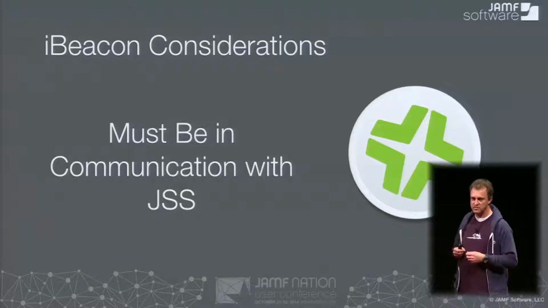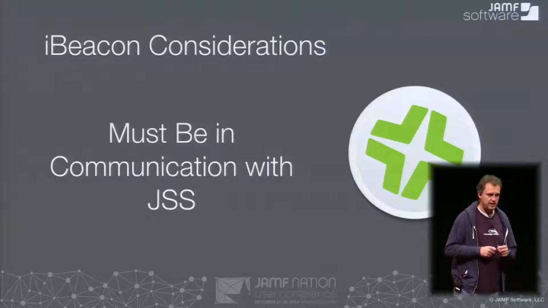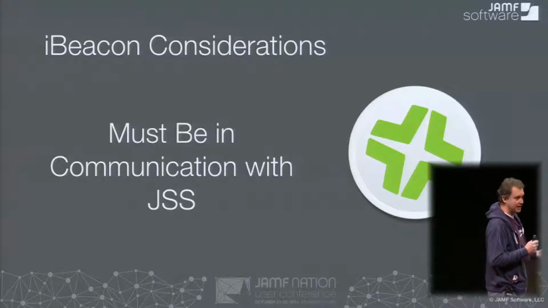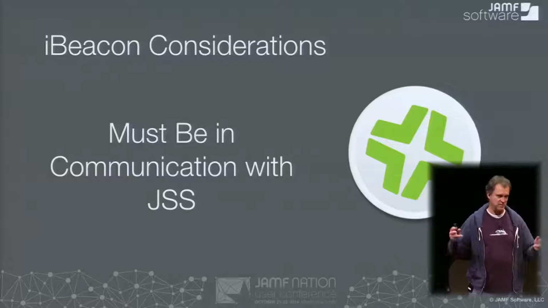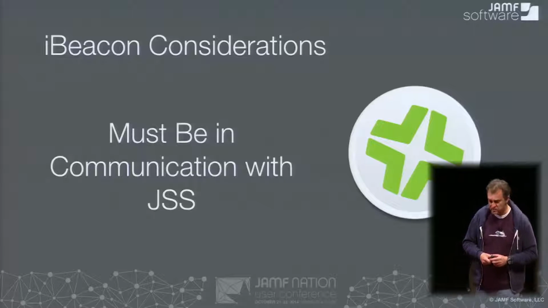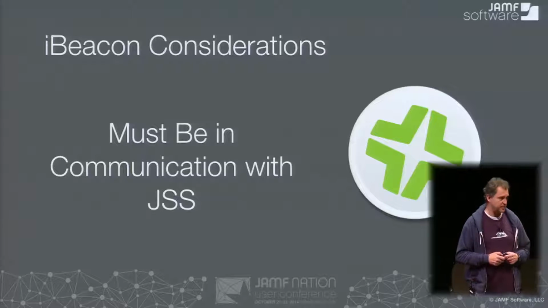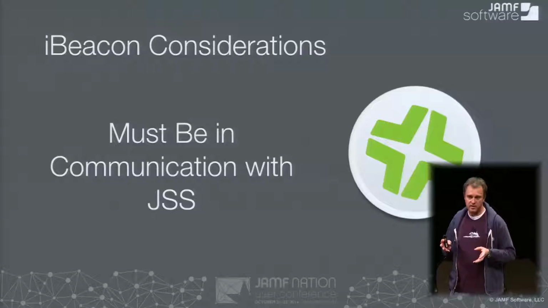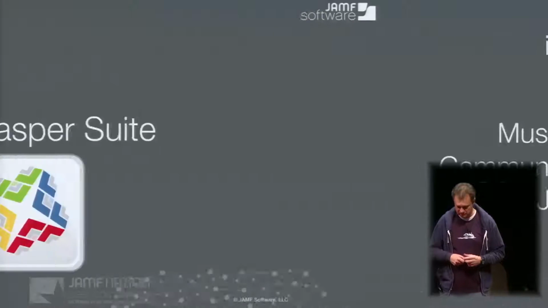It goes outside the front gate, right? Drives away. Oh, I don't see iBeacons anymore. I better tell the JSS. But this is a Wi-Fi only iPad. It has no way to tell the JSS that it has left the building. And so as a result, the JSS has no way of knowing that that device has left the building. That would be an example of a bad idea, bad rollout for iBeacons.